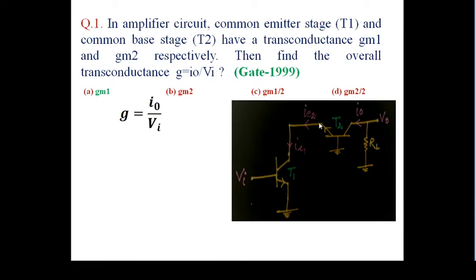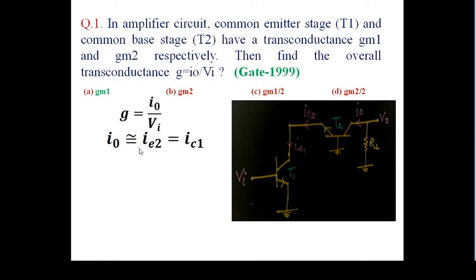So I naught is nearly equal to I2, and I2 equals IC1. Very simple.